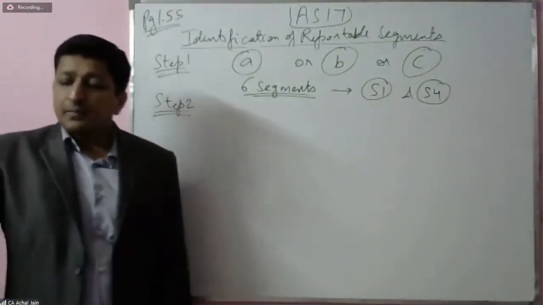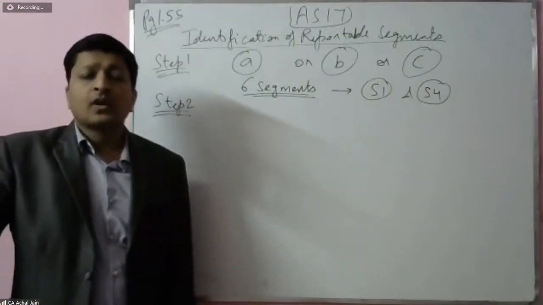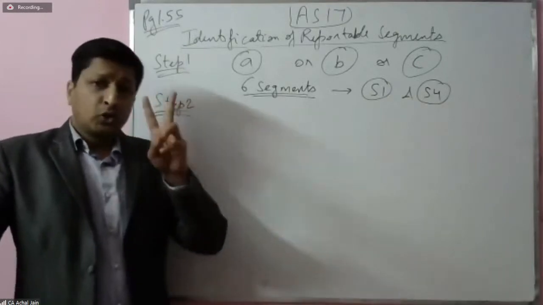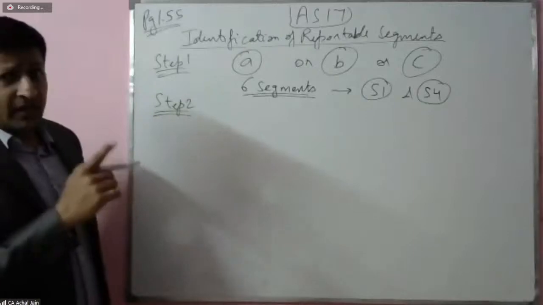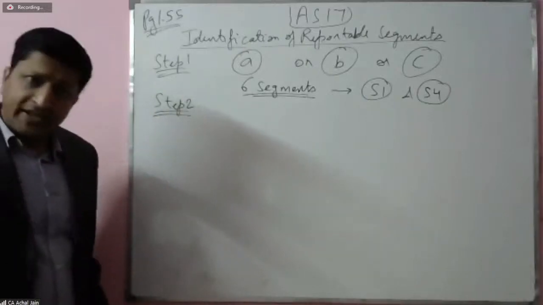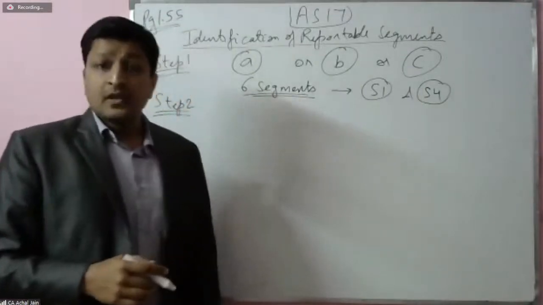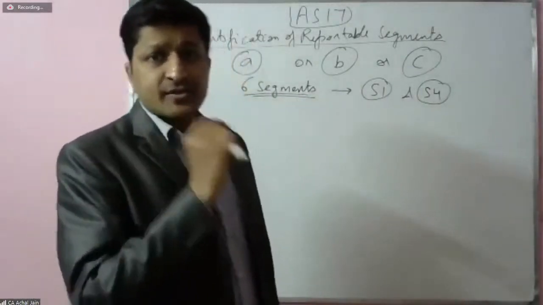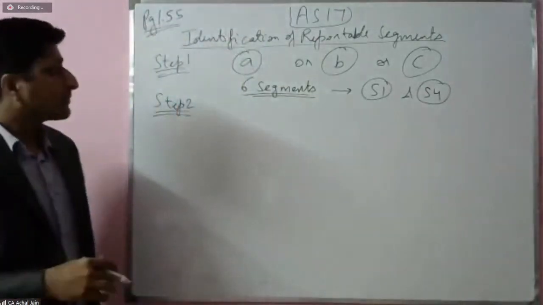After applying step 1, what did we find? 2 segments became reportable. S1 and S4. Fine. Now, in step 2, we will have to perform a test. It's a test. Let's see what's the test.